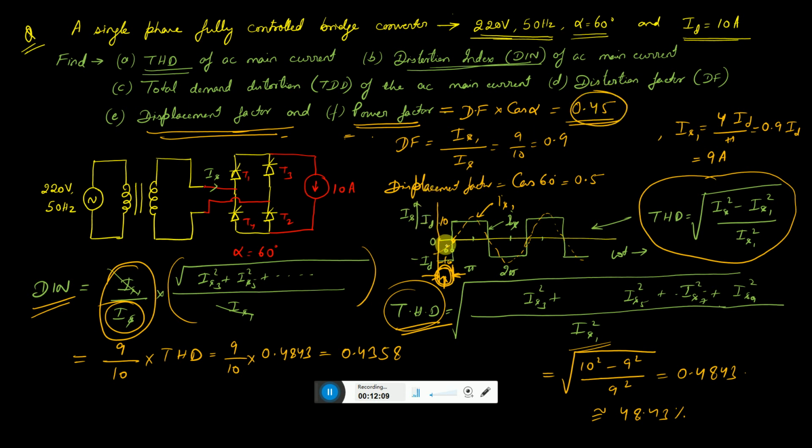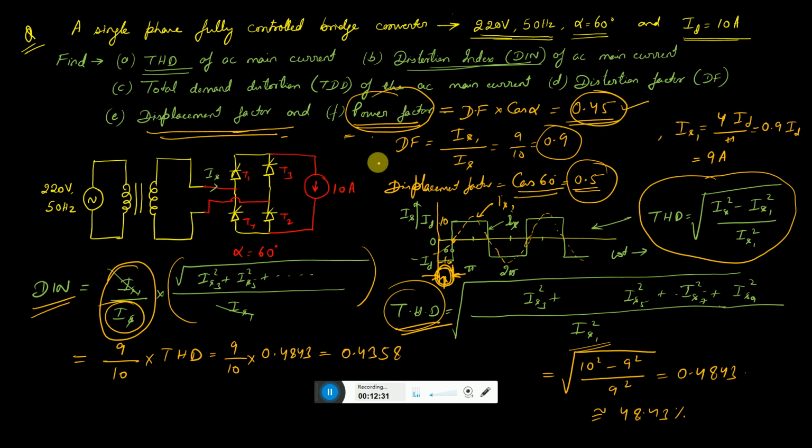If we see from the waveform, anyone could say that this power factor is cos of 60 degree, that is 0.5. But don't forget to multiply the distortion factor with the displacement factor, which will give you the value of the power factor, 0.45.